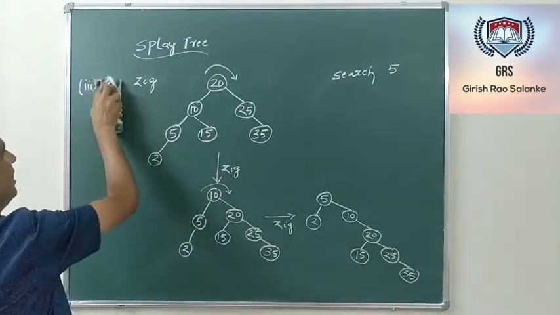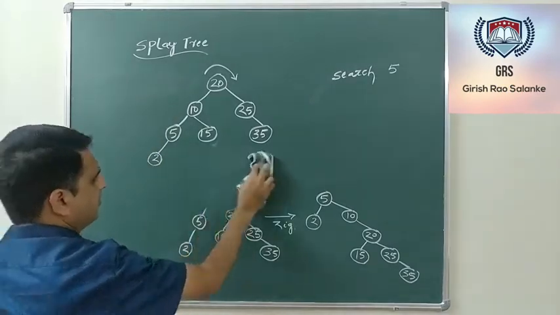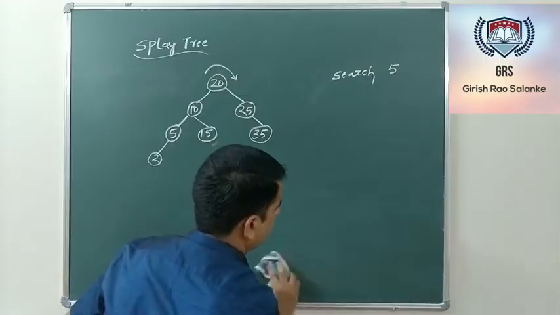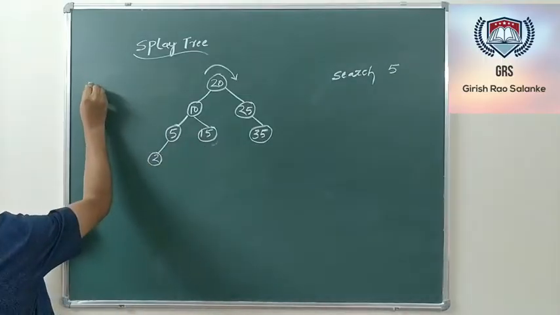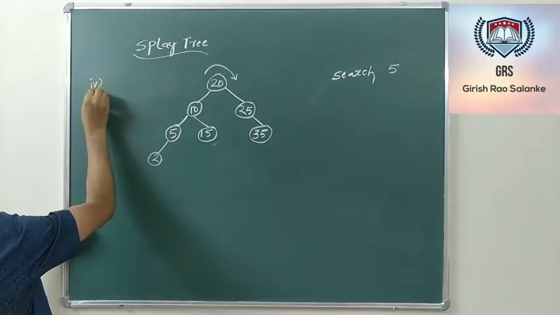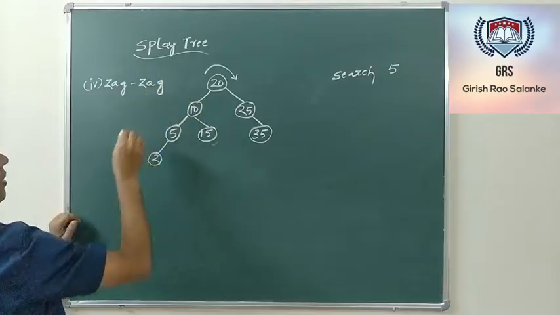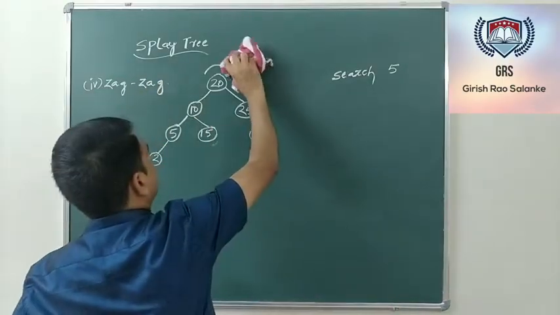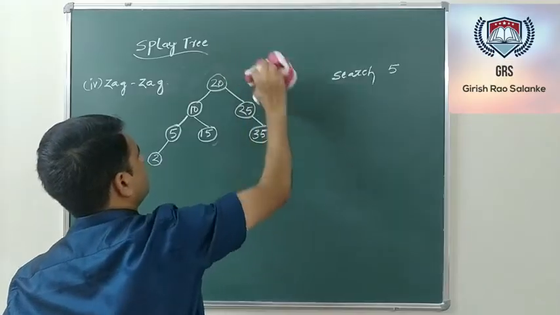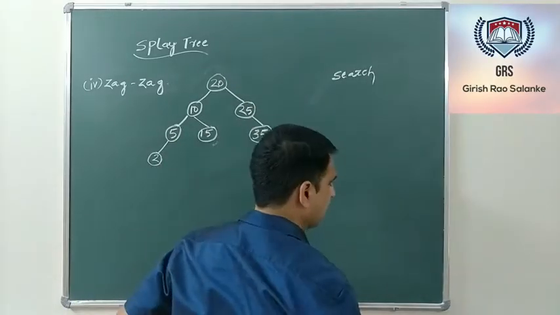The next one is called zag-zag. Let me take an example, maybe the same example here, but rather than searching 5, let us search 35.